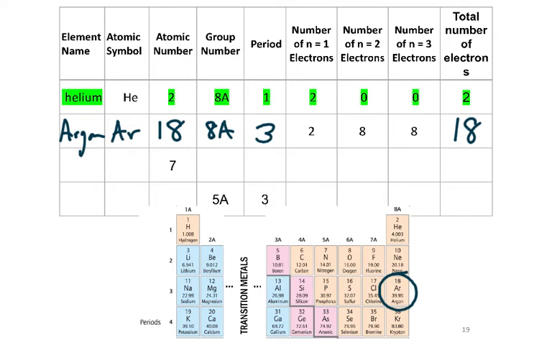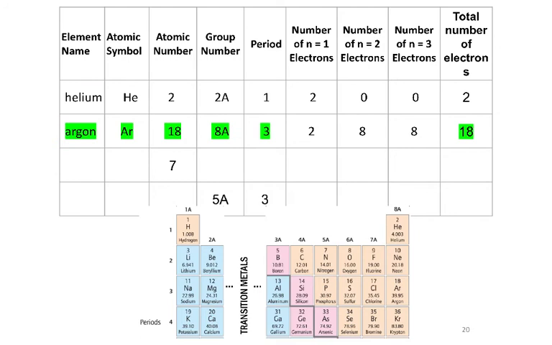Now, you also maybe could have just looked at the 8 here and realized that the highest energy level is 3, and there are 8 electrons in it, so it must be period 3 and group 8A, right? So you can see how there's kind of different ways to think about this. And there's the answer. All right, do the third one.